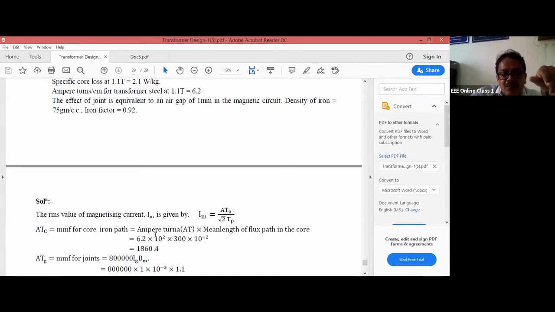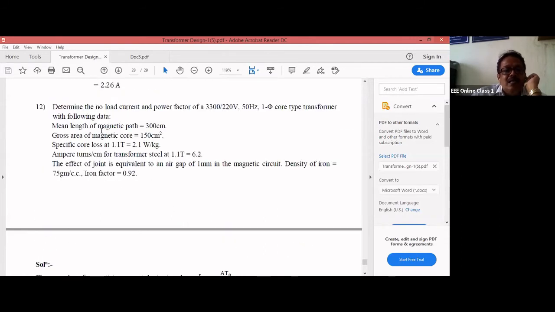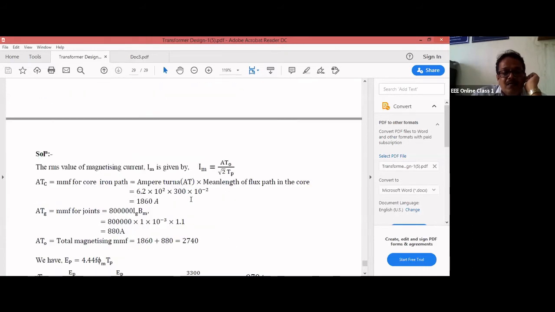So 6.2 into 10 power 2 into 300. The mean length of magnetic path 300 centimeter converted into meter is 300 into 10 power minus 2. So these parts cancel, and you get 1860. This is the ampere turns, the MMF of the core.